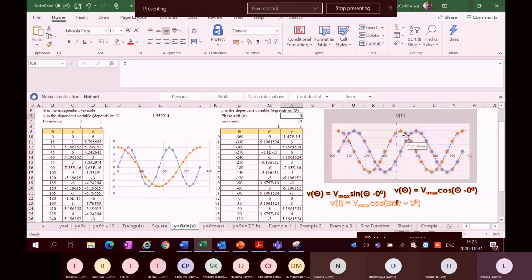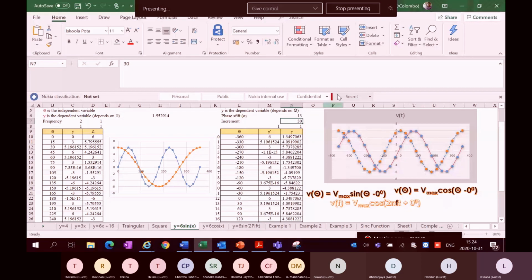Both graphs overlap. Let me put something else. Now they don't overlap, because there's a phase angle. Even if you put minus 90, what happens? It is something like a mirror image.